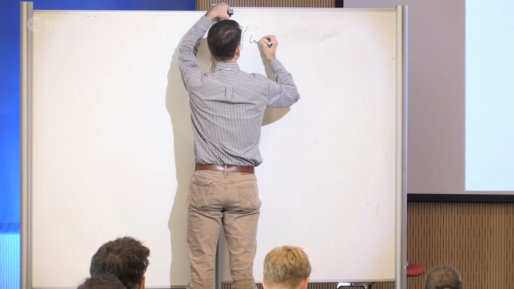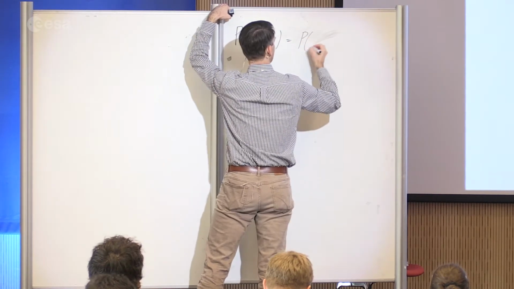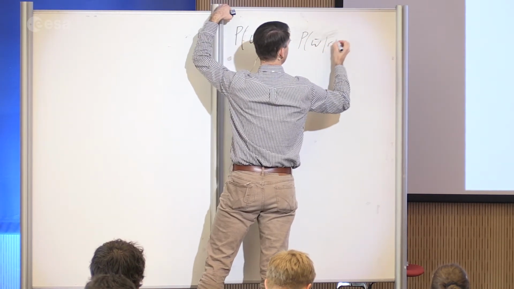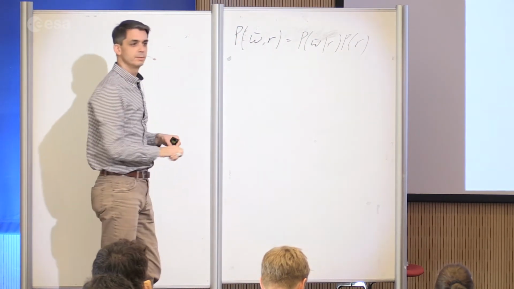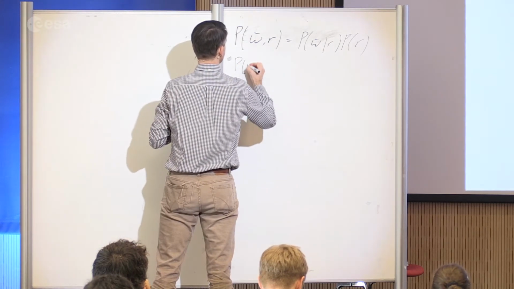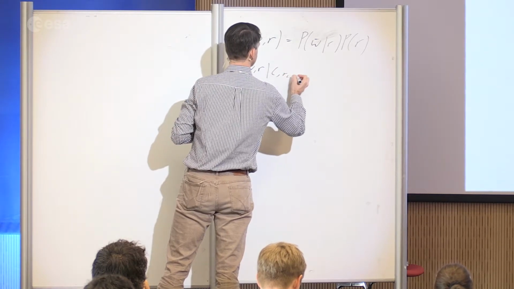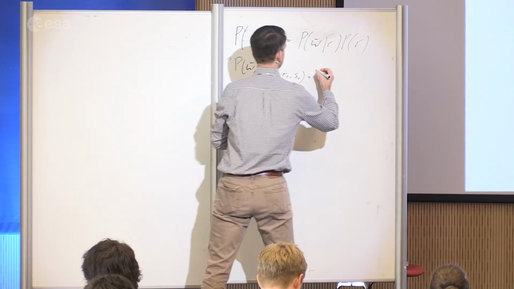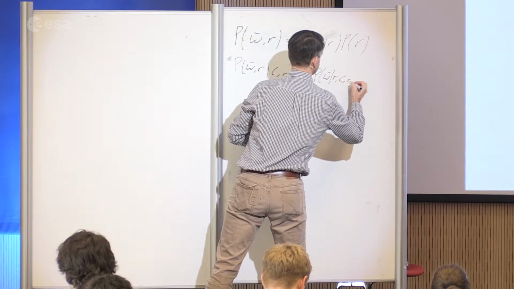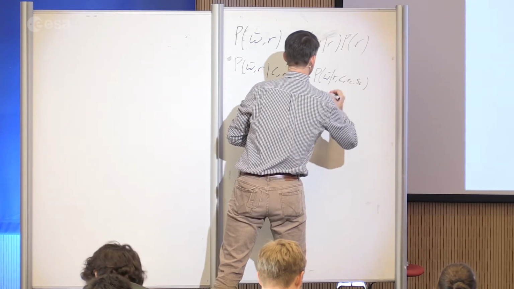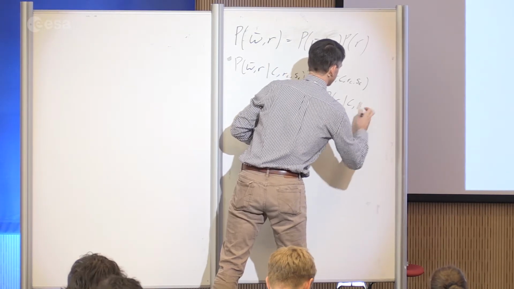The probability of omega and R is just the probability of omega given R times the probability of R. Agreed? Now I just say, oops, I left off the dependencies. What are they? C, RC, SC: omega given R, C, RC, SC. This is why I left them off, because it's very boring writing all these things down.